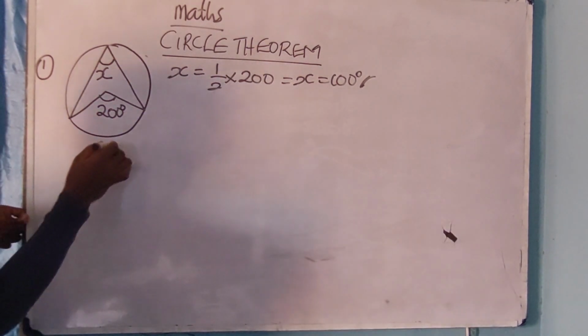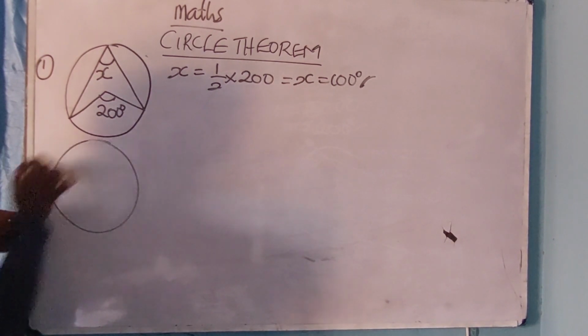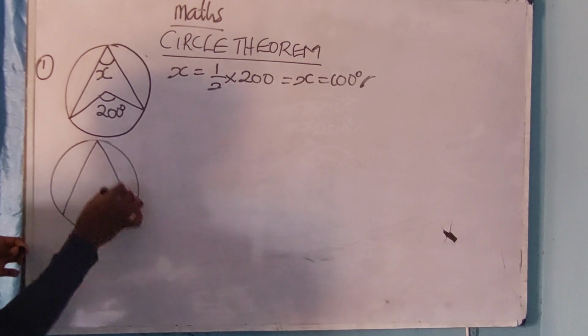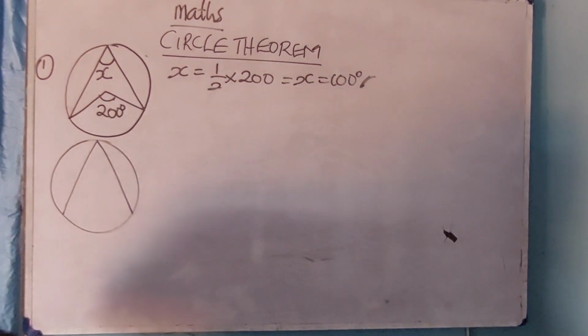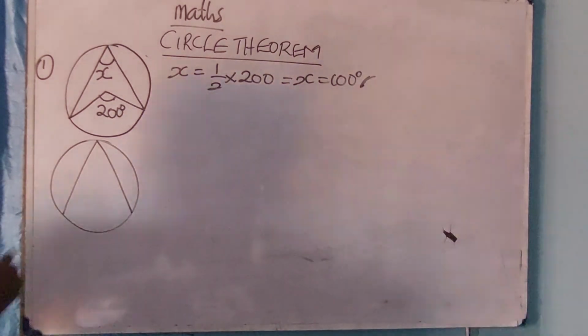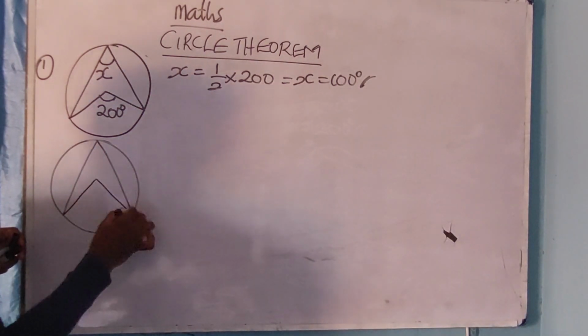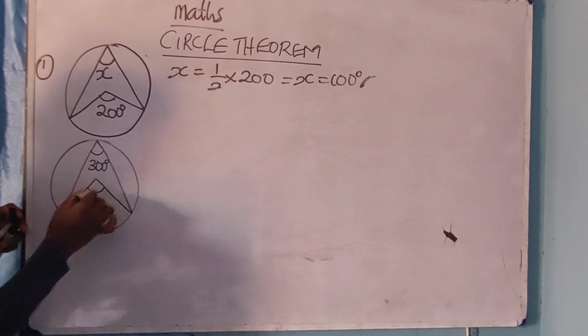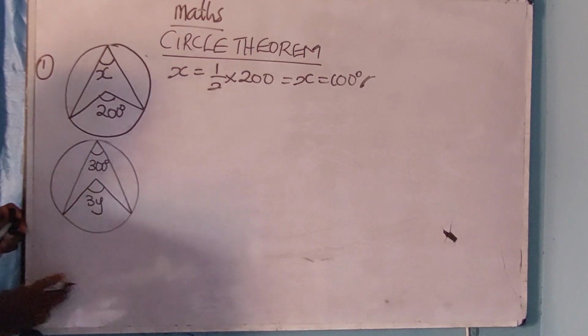Now, if I have another structure like this, maybe here is 300 degrees, and here is 3y.